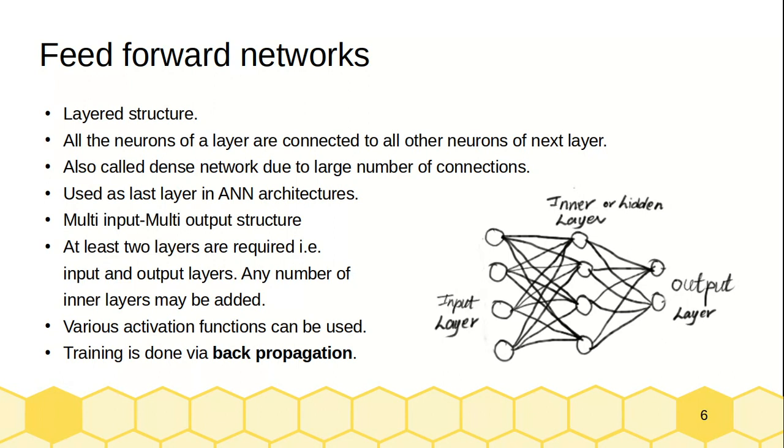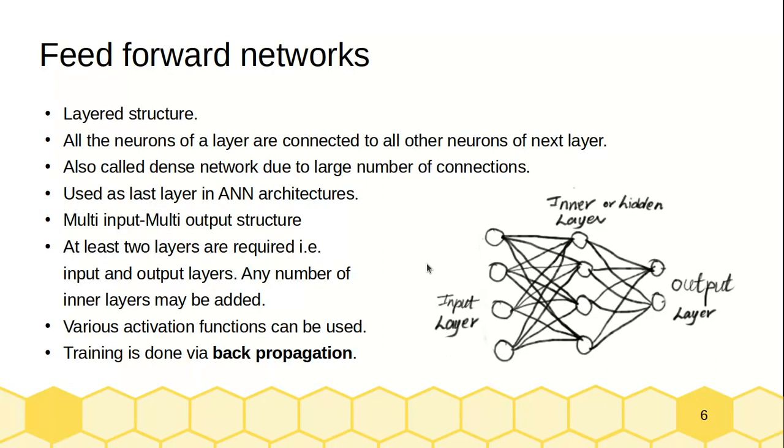In a feed forward network, a neuron, or let's call it a node, is connected to all the nodes of the next layer. For example, this is connected to all the nodes, and if you look in the backward direction, the neuron of the next layer is also connected to all the neurons in the previous layer.